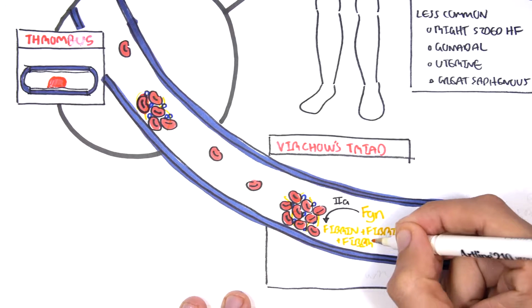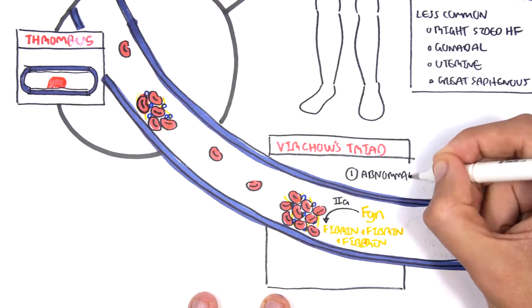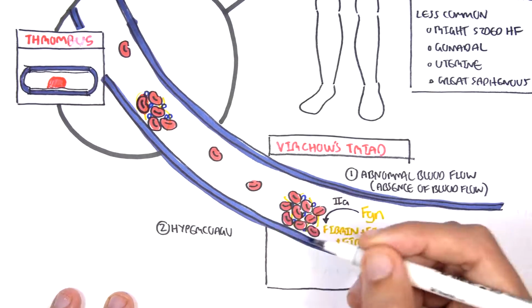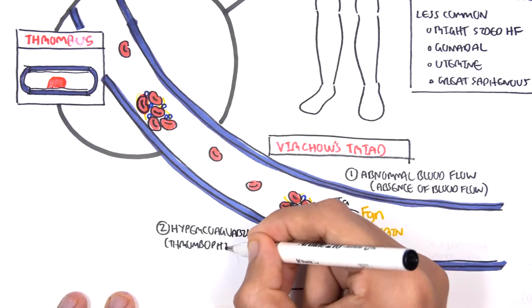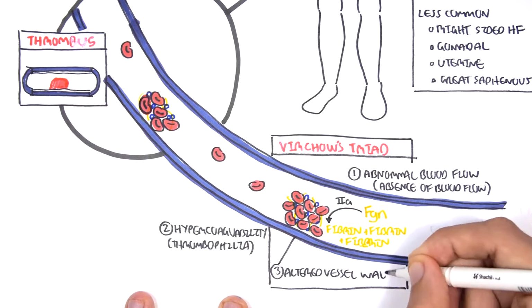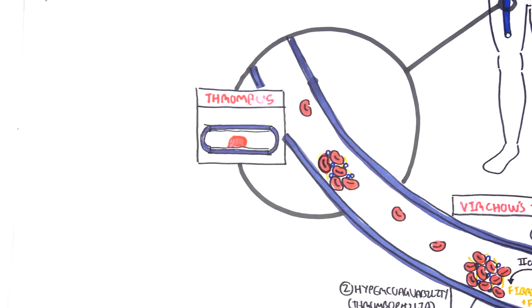And then you get this fibrin meshwork clumping together, causing thrombus formation. Again, Virchow's triad are three things that essentially promote thrombus formation. These three things are: 1, abnormal blood flow, such as absence of blood flow. 2, hypercoagulability, such as thrombophilia. And 3, altered vessel wall, abnormal vessel wall. So again, these three things, which make up Virchow's triad, promote thrombus formation.